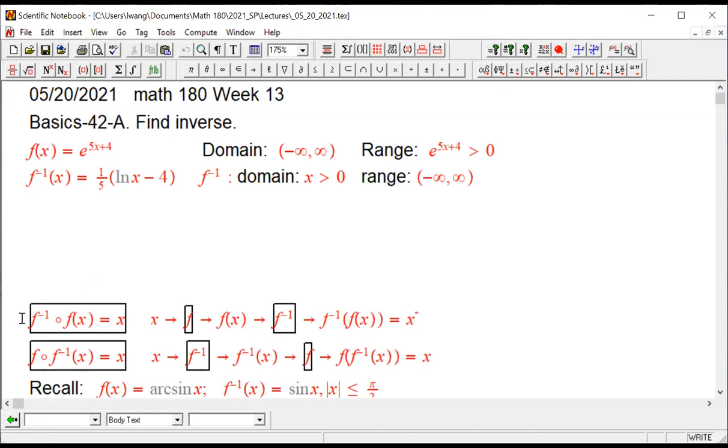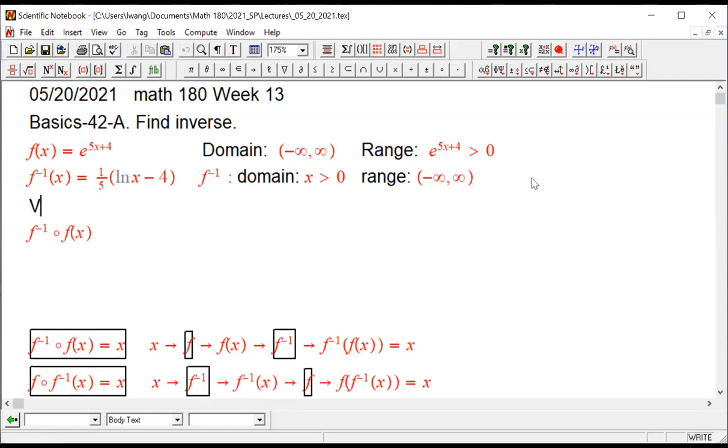Get your paper, pen, pencil ready and work with me. Now we're going to work this one and verify it. It must hold, because if it doesn't, something was wrong. So f inverse of f of x.